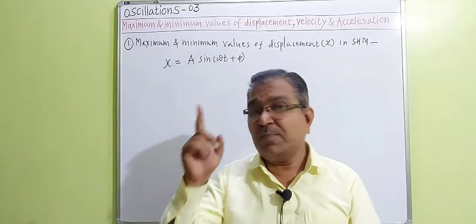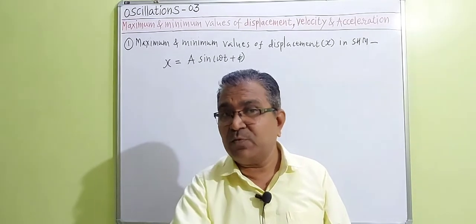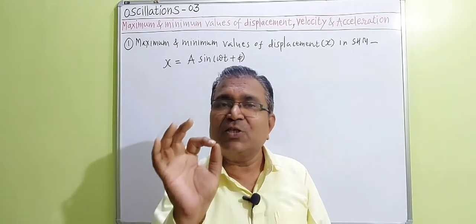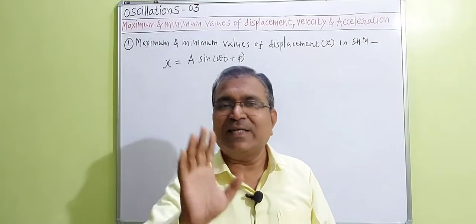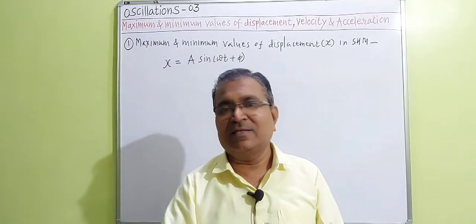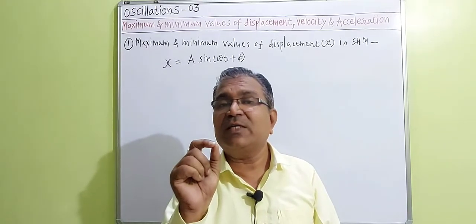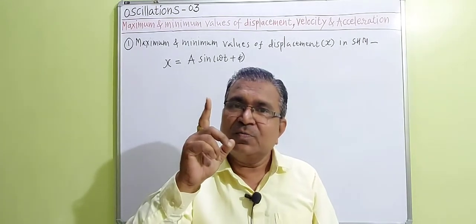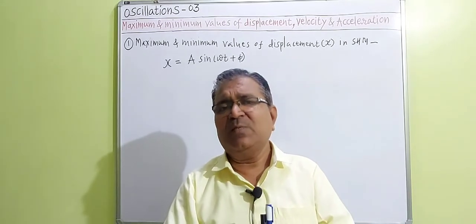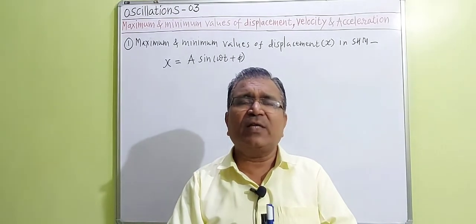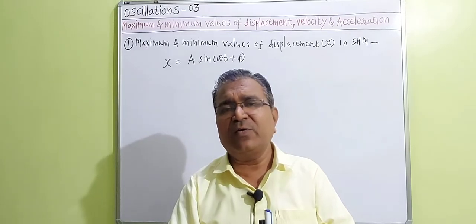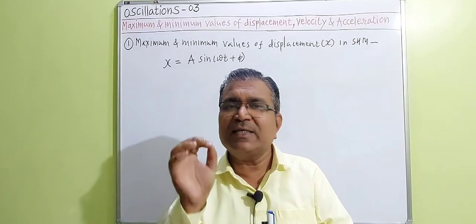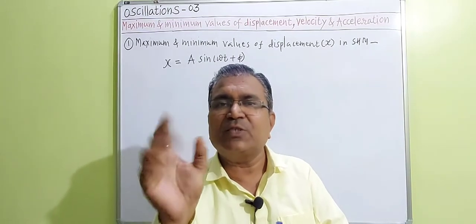When the particle starts from mean position, at that time phi is equal to 0 or 180 degree, or pi radian. But here, to calculate the maximum and minimum value, we will have to assume the particle is at mean position.